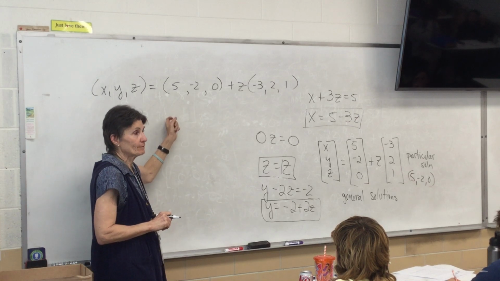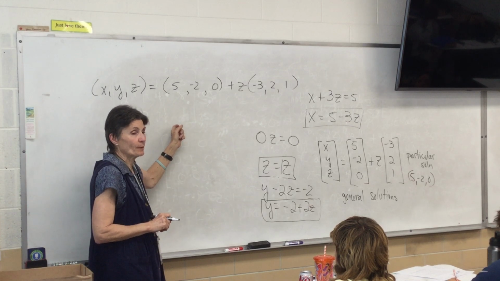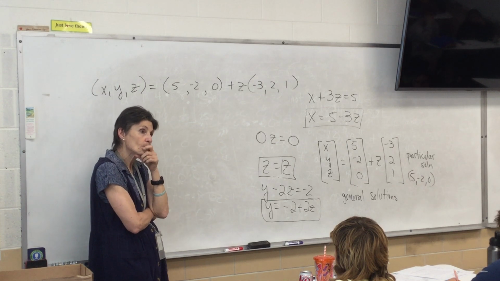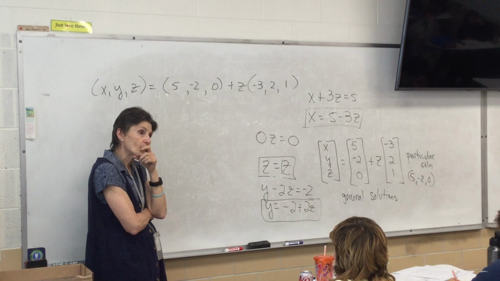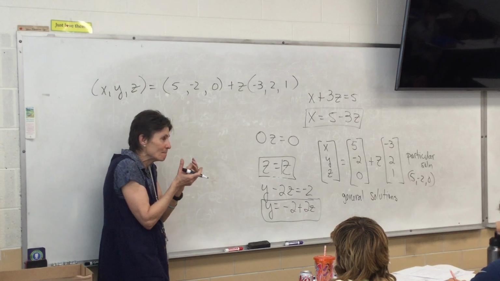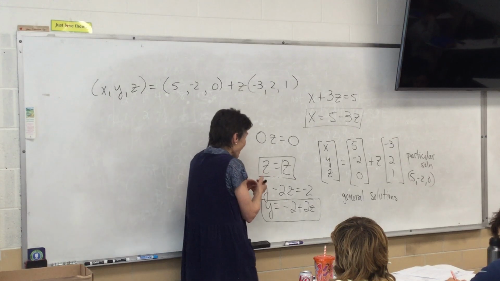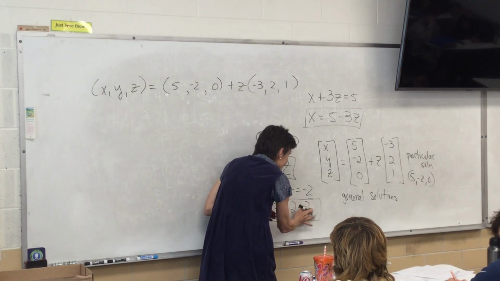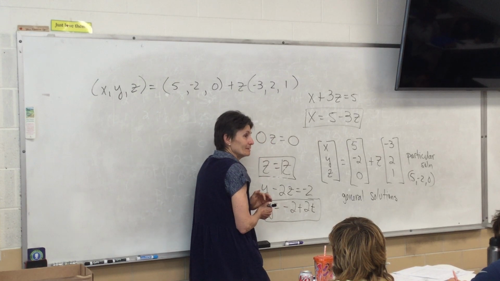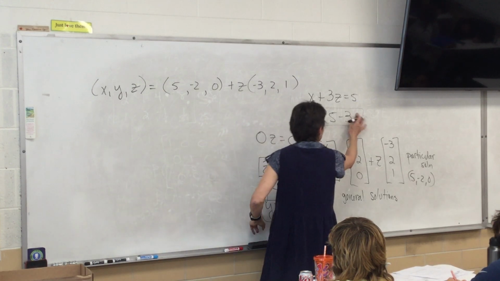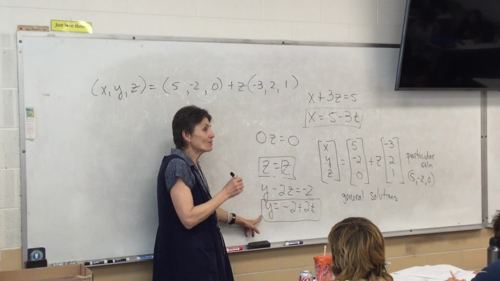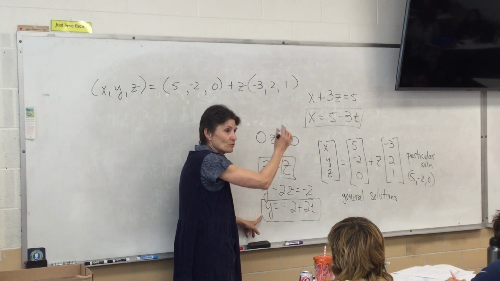Does that look familiar to anybody? Joseph? Oh my goodness! Let me come back and change this to a T. And change this to a T. Isn't that the parametric equations?